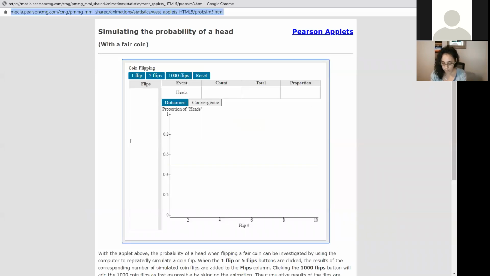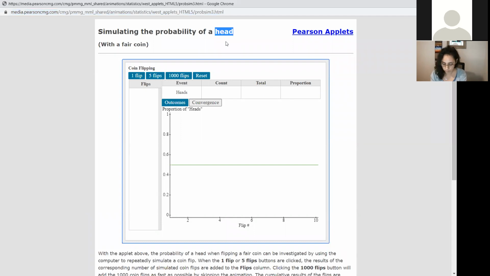This is an online simulator for flipping a coin, and the event is head. So your event is having a head.